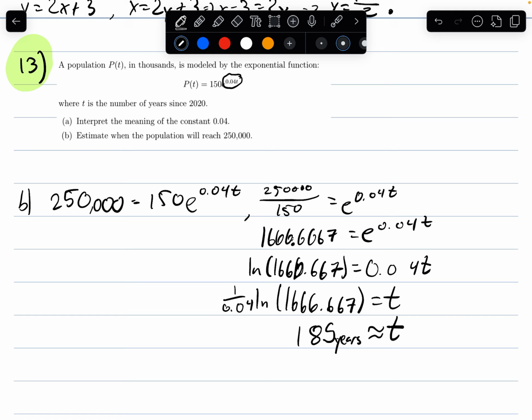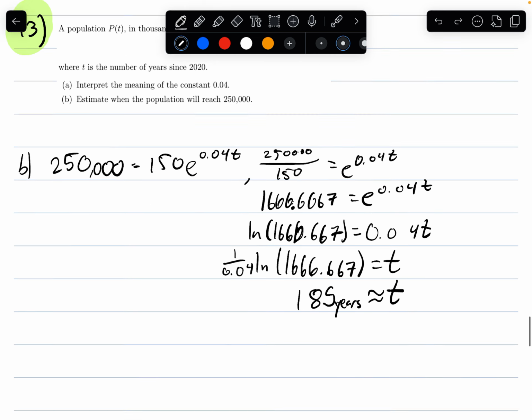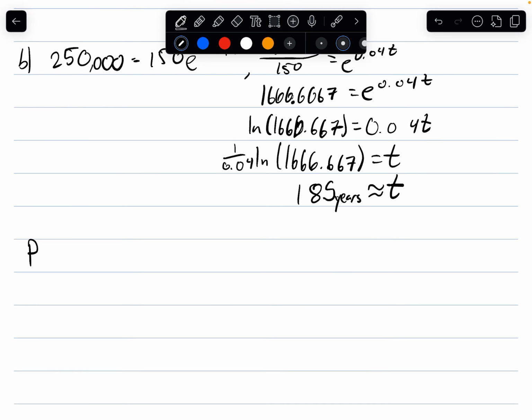But instead of every year, I have to scale by the 0.04. So it kind of scales how long before I multiply my population by e. I have some initial population 1, this will get multiplied by e and I'll get population 2, and then I'll get multiplied by e again and it'll be population 3, and so on.